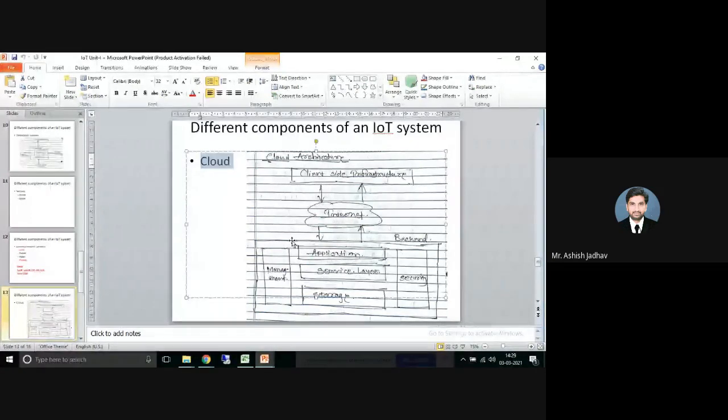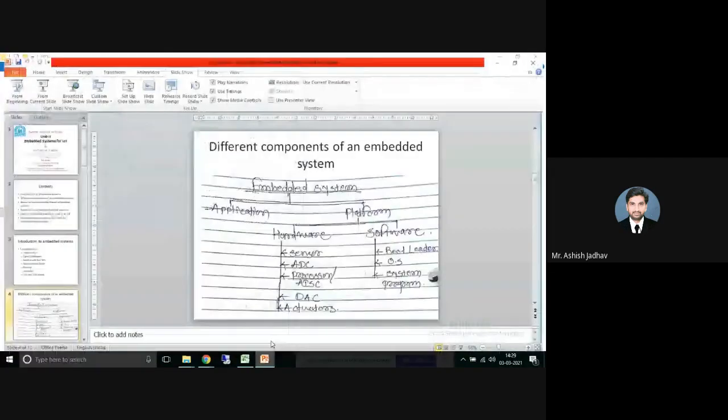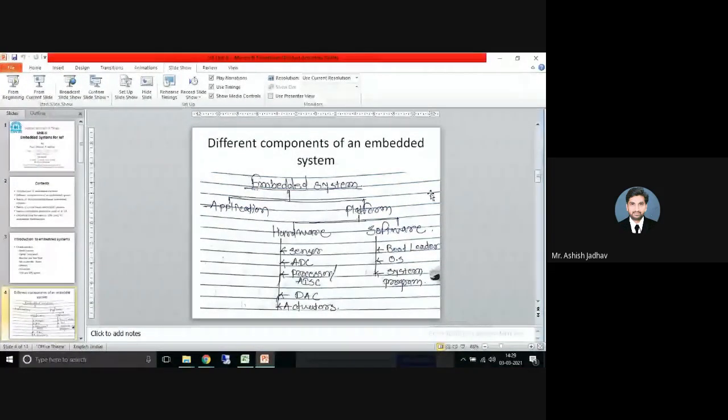Now here once again I would like to focus on the slide which I have shown you, the different components of an embedded system. Here in the embedded system, again you will find some of the hardware part. So the embedded system will have the following components, but before that, let me tell you, embedded system is a part of IoT.